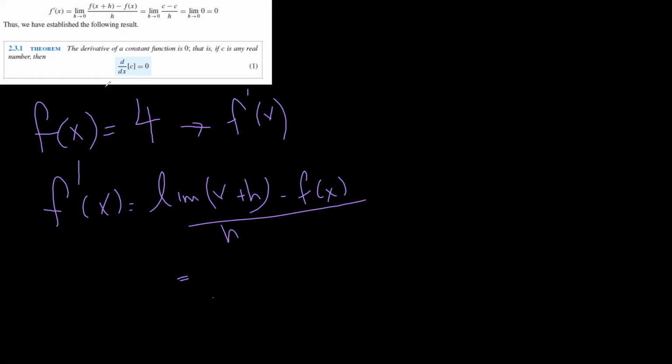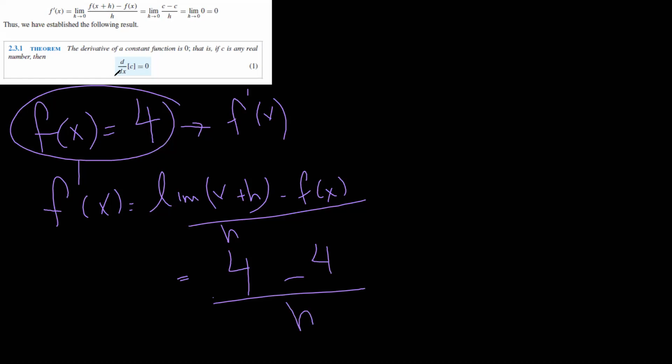Here f of x equal 4, so f of x plus h will be 4 too, because there's no variable. Keep it as 4, minus 4 over h. 4 minus 4 is 0. So if you find the answer by the limit, you will find the answer is 0.